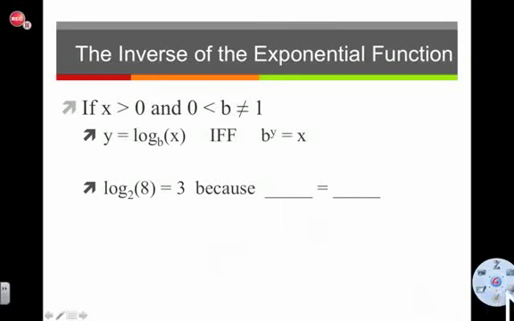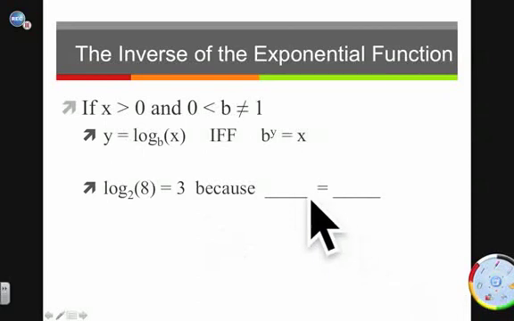We can say that this is 2 to the power of 3, and 2 to the power of 3 is 8. And we know that to be true. 2 cubed is 8. So these two statements are true. You can see that we can go back and forth between the two types of functions.